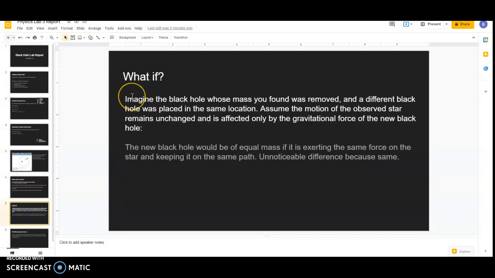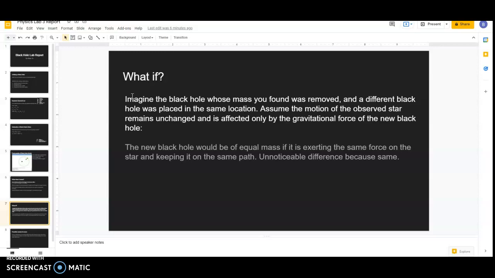The what if question regarding if a new black hole was inserted and the motion of the star being unchanged: the new black hole would be of equal mass as it exerts the same force on the star and keeps it on the same path.